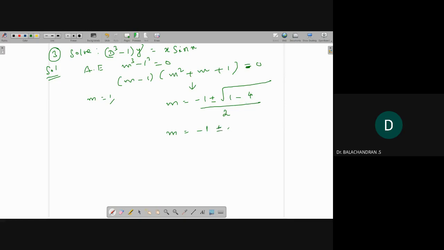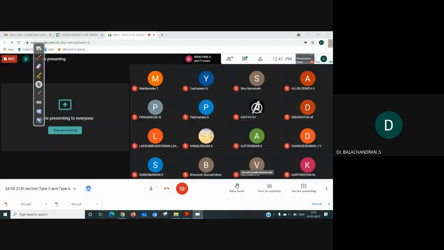Root of minus 3 is I root 3 divided by 2. So m equal to 1. And this is actually alpha is minus 1 by 2 and beta is root 3 by 2. So I think Ramanathan will tell the complementary function. So what is the complementary function, Ramanathan? Is Ramanathan here?